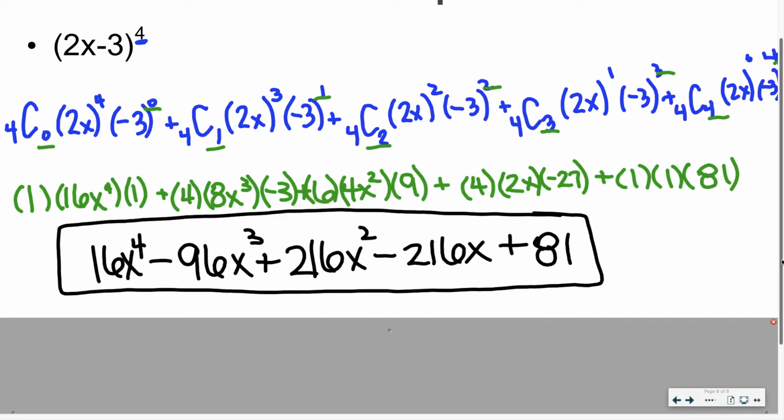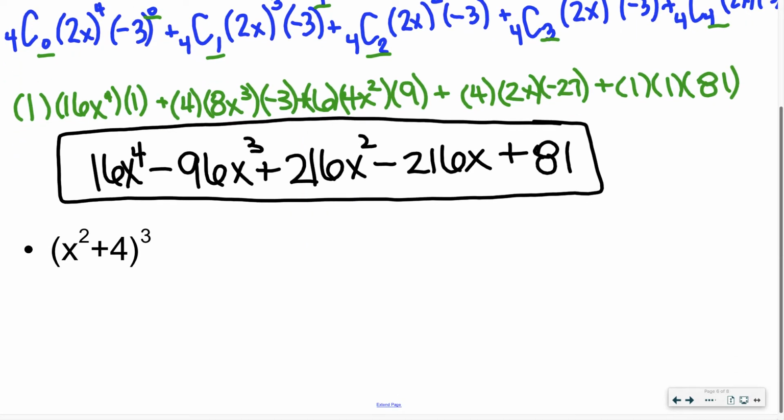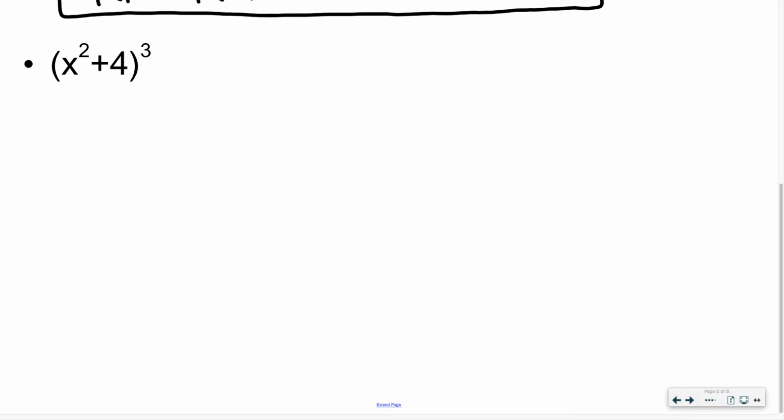Okay, I have another example that I want you to set up. So I have x squared plus 4 cubed. What I want you to do is set up the 4 terms and then stop. Set up the 4 terms and then stop.